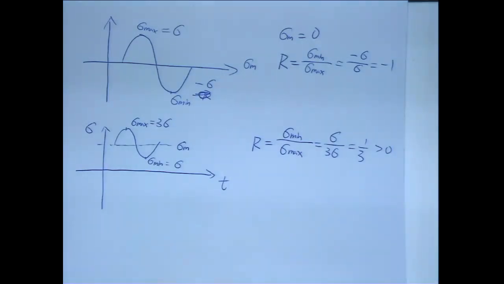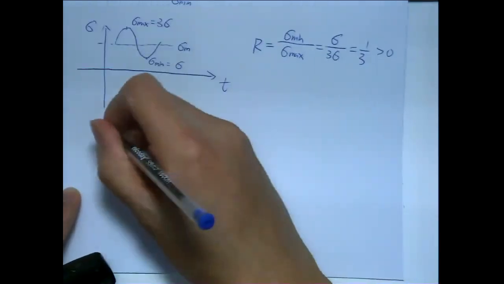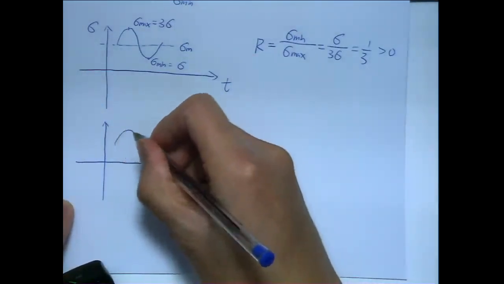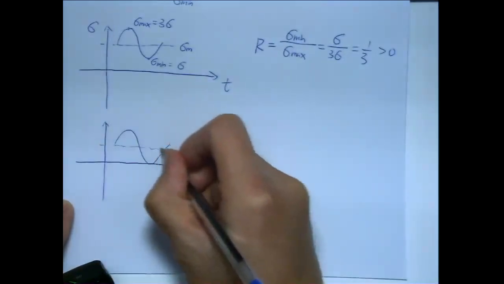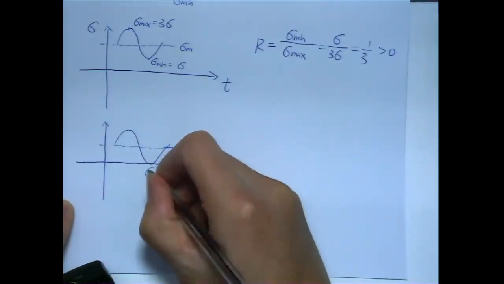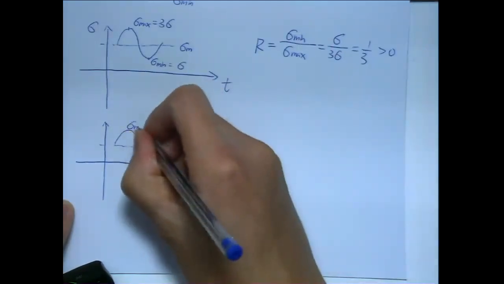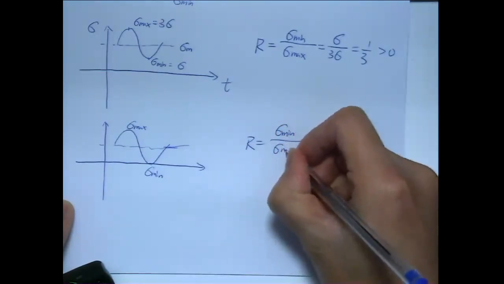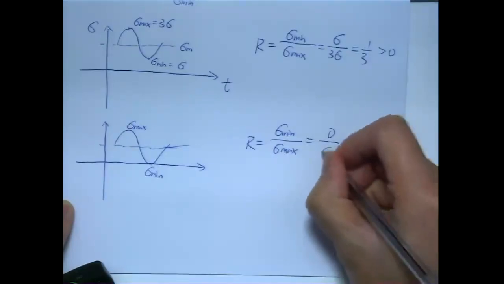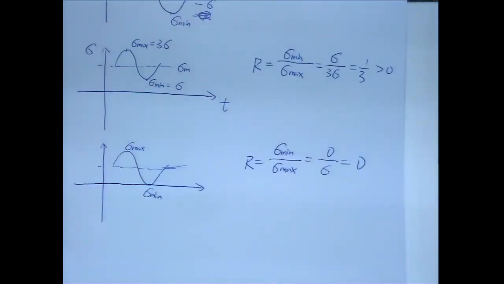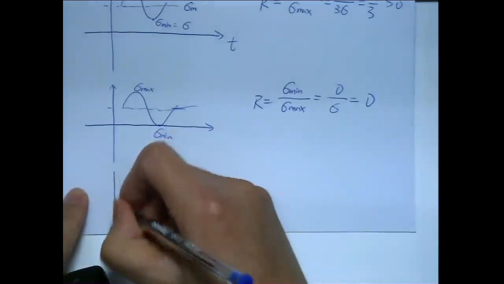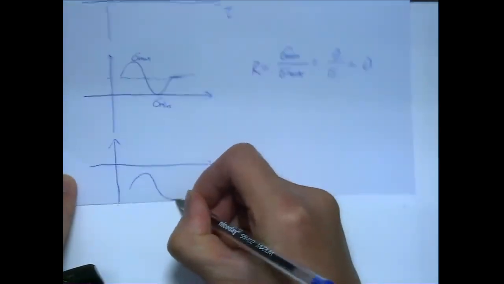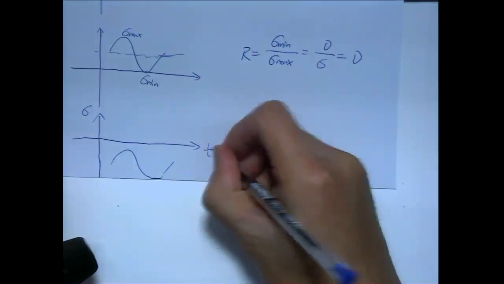Similarly, there's some other case. When you shift it such that the minimum stress equals 0, R equal to sigma minimum over sigma max is now 0 over any value you put. So that is R equal to 0. Likewise, if you shift the whole curve to the bottom, everyone can see that?